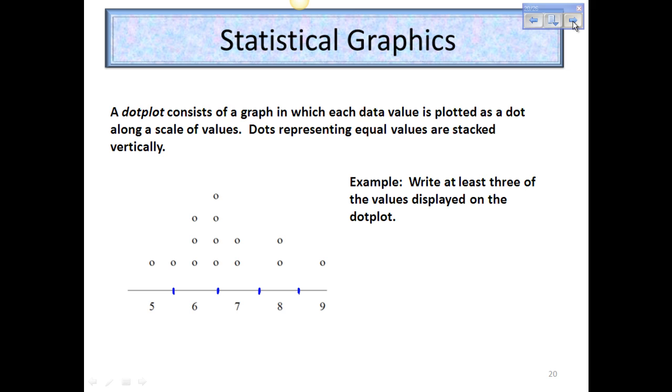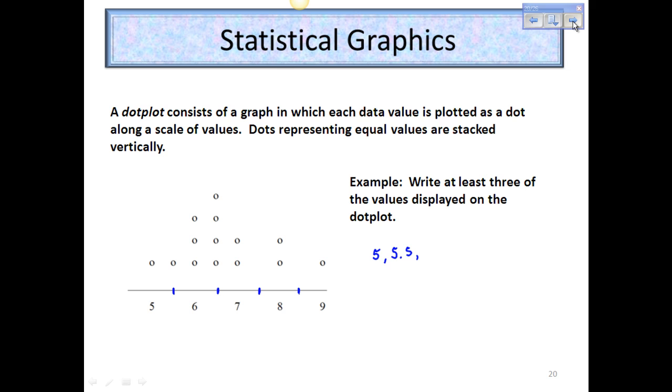So let's write at least 3 of the values displayed on the dot plot. One of those values would be 5. We had one value that was a 5.5. And then we had 3 6s, because we have 3 dots above the 6.